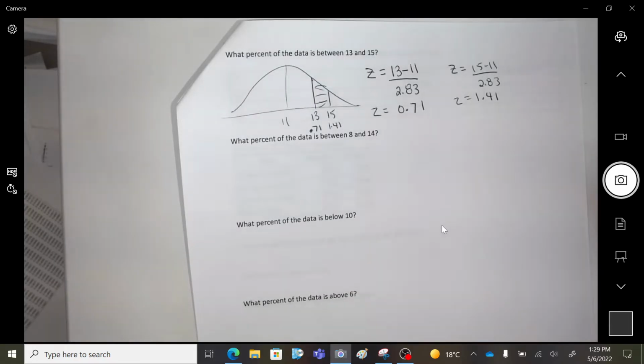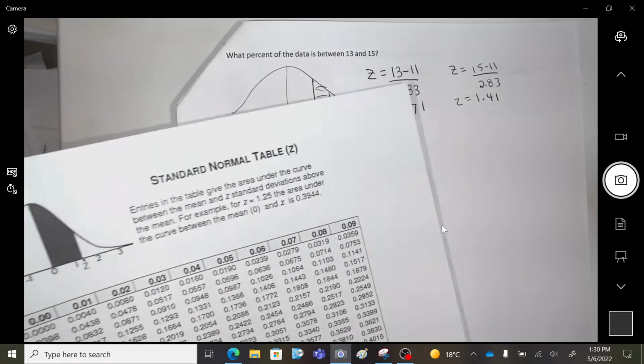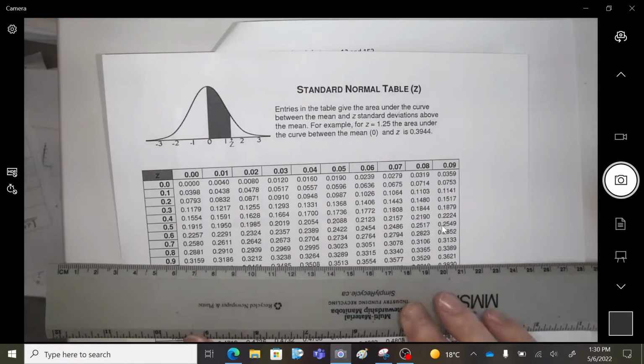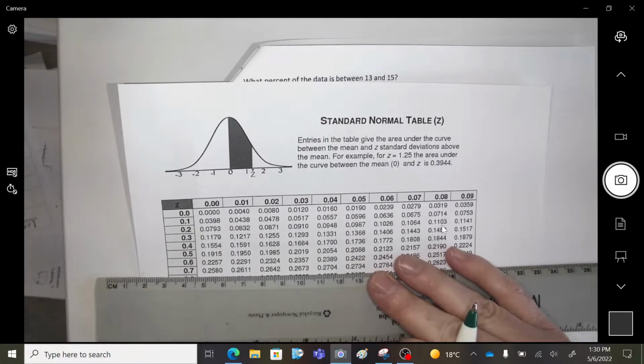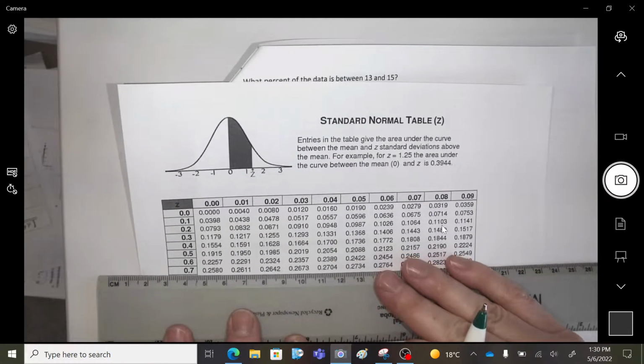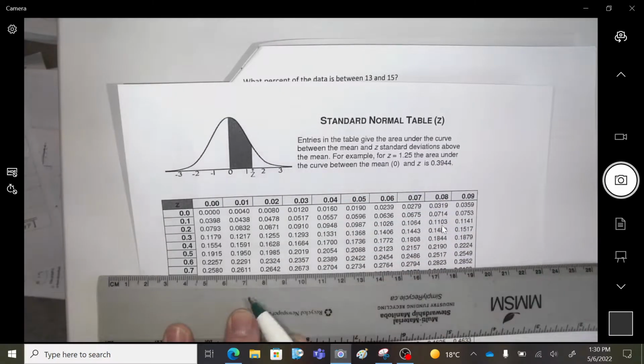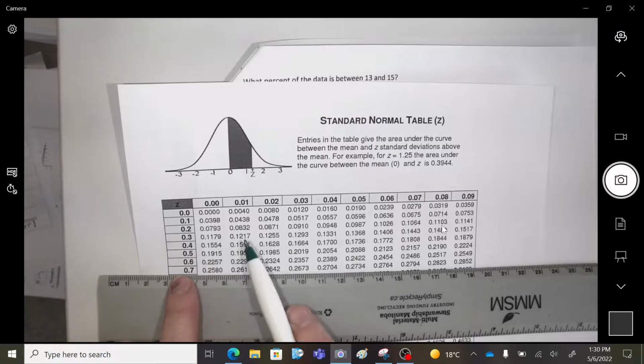Okay, so this is grabbing your paper chart time. I need to look up a Z score of 0.71. So 0.71, I'm going to get 0.2611. So do you see my 0.71?